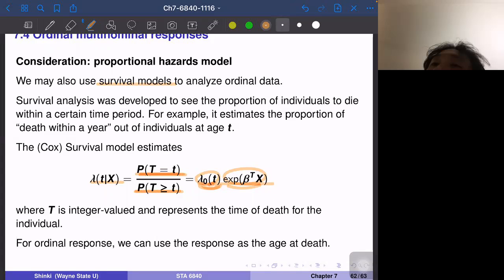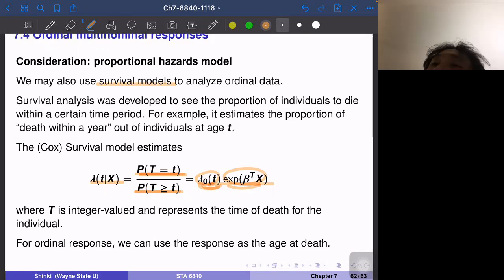If we identify this, after that we calculate the probability of T exactly equal to t. For an ordinal response, it isn't really the age at death, but we can use the response as the age at death, and then we can apply the proportional hazards model.